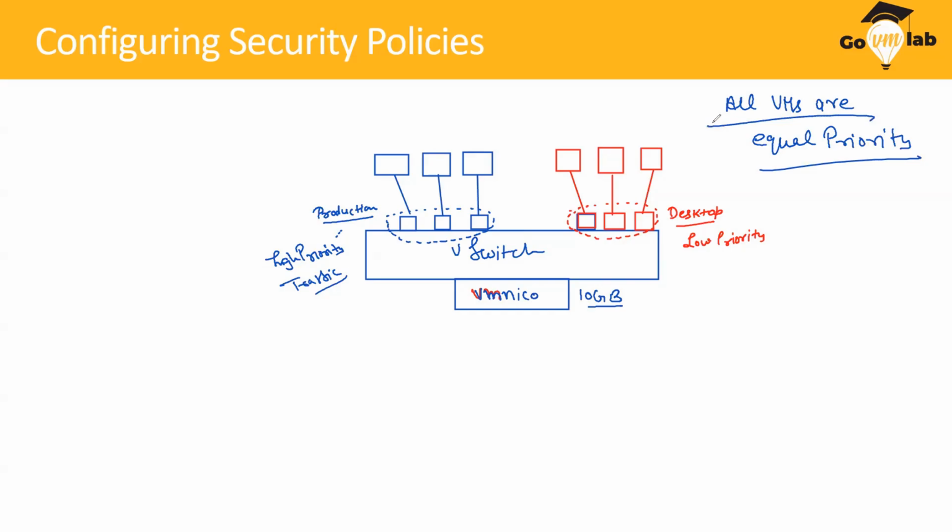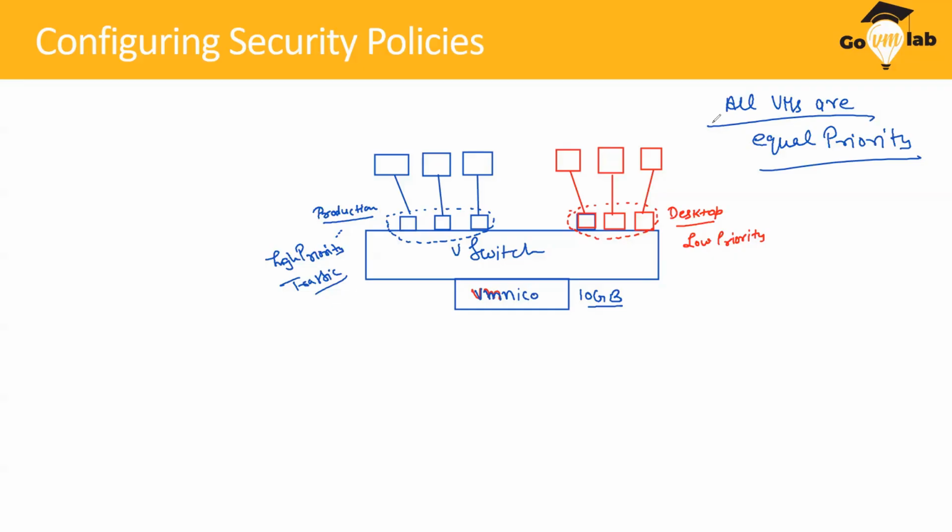When you create a VM, I treat each VM equally. For me, all the VMs are equal priority, and whenever they ask for network bandwidth, I'll give them as much as I can.